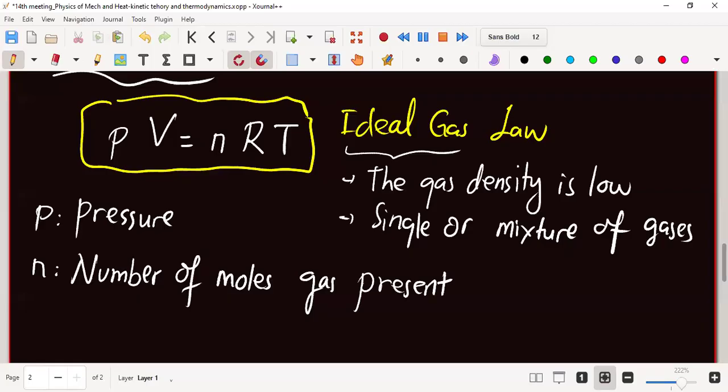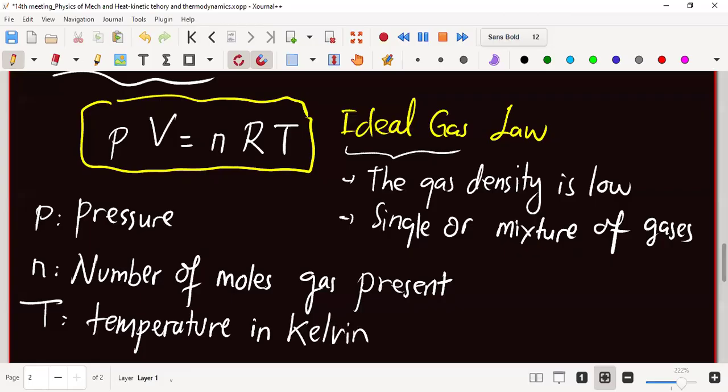And then T is the temperature. And remember that the temperature must be in Kelvin, K.